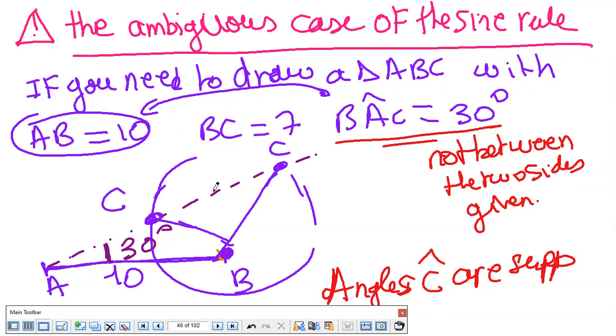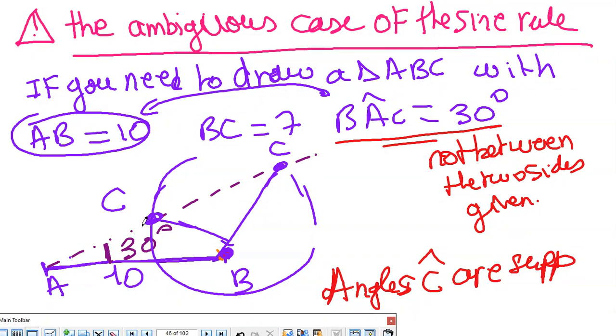So I will not have one position for C. I have two possibilities for C. So I can construct two triangles ABC with BC 7, AB 10, and the angle here 30. And those two angles, see that I have this one and this one, are called supplementary angles. So those angles are supplementary. This is the case here.